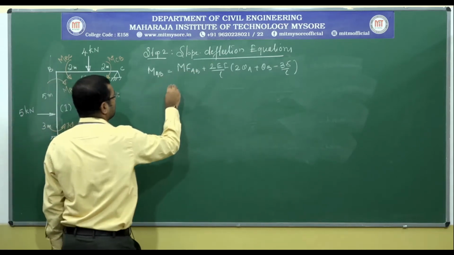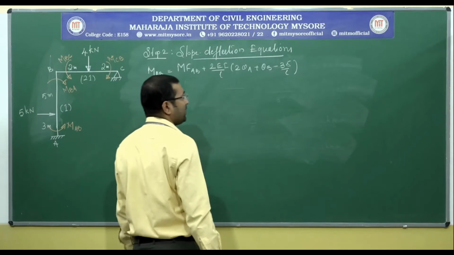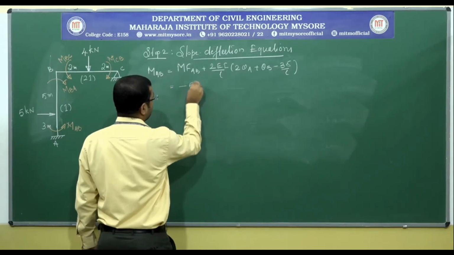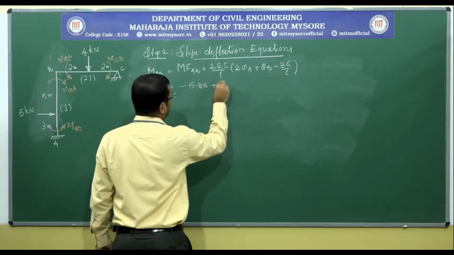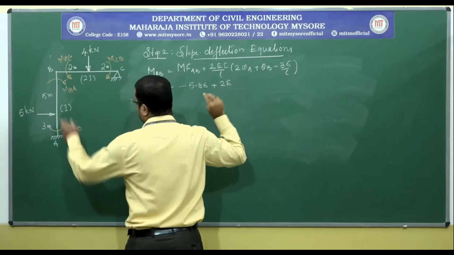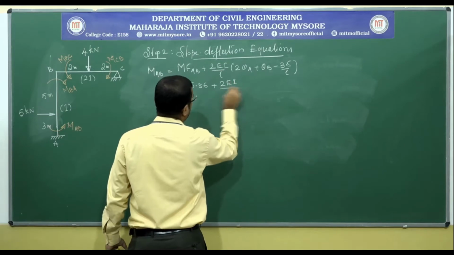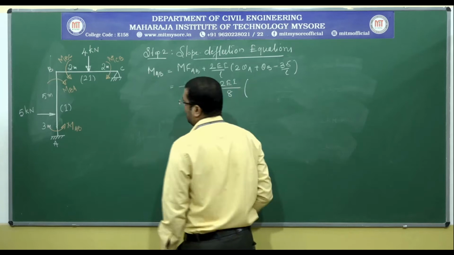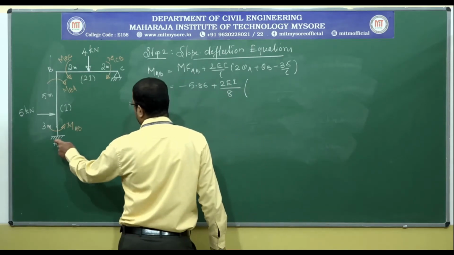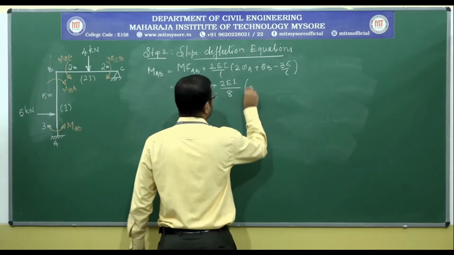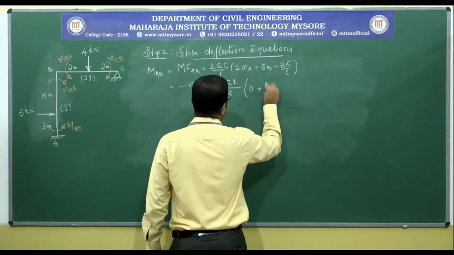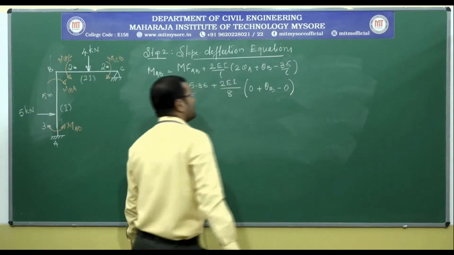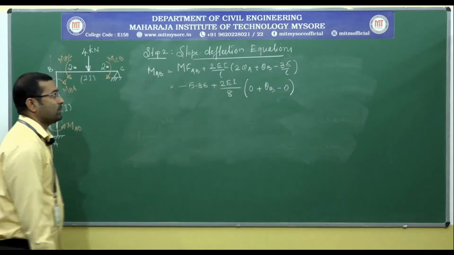Now I have to substitute the values. So MFAB is minus 5.86 plus 2E, here the I value is I, so let us keep it as it is, L is 8, into theta A value. Due to the fixed end condition, the theta A value is 0, plus theta B as it is, minus 3 delta by L; there is no sinking of the support, so delta will also become 0.